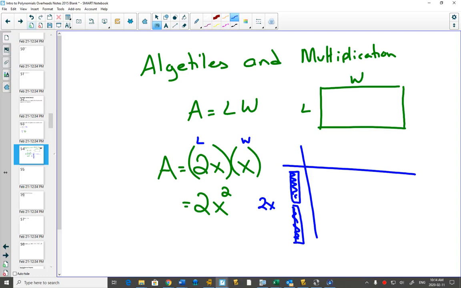And for the width, put one long skinny one here. What that makes is an area of a rectangle this size. What shapes fit into those?